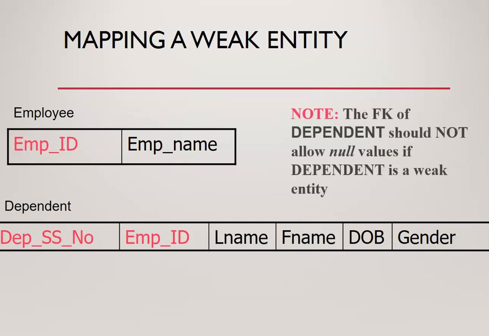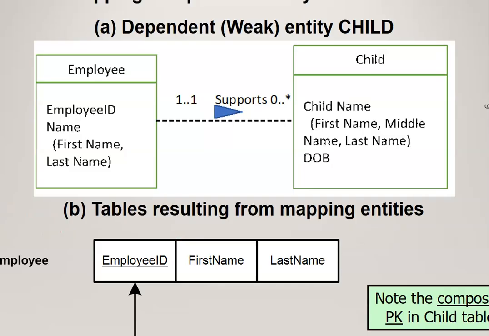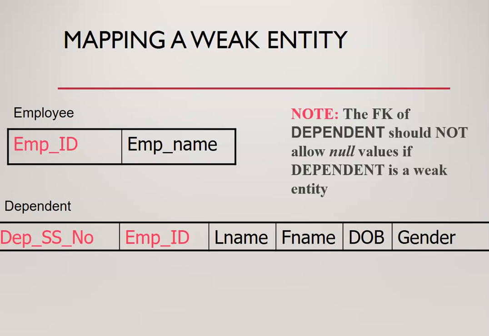Okay, so this is just an example, but we're going to do our own example. You have an employee who has a dependent. So the employee entity had these attributes, and the dependent entity had these attributes. So the dependent, this emp ID acts as a foreign key to reference the employee entity.